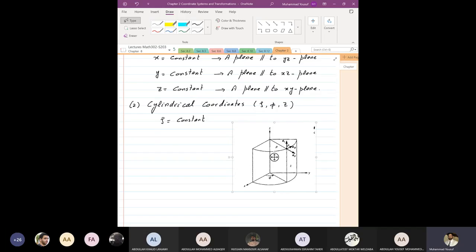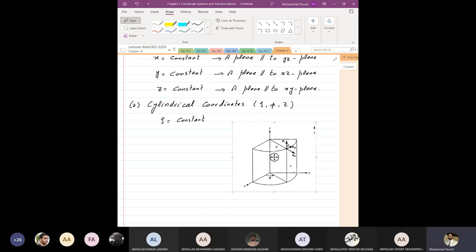Rho. What is rho? Rho is the distance of point P from the z-axis. So this distance is constant.